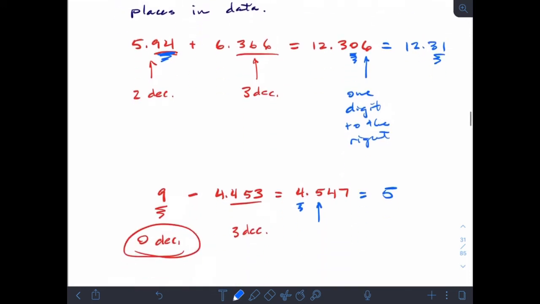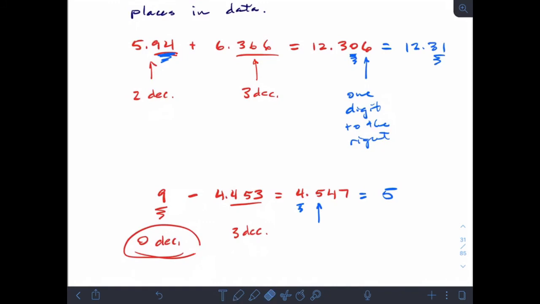Okay? So I'm going to erase this bit, and so we can talk about our multiplication division rule.